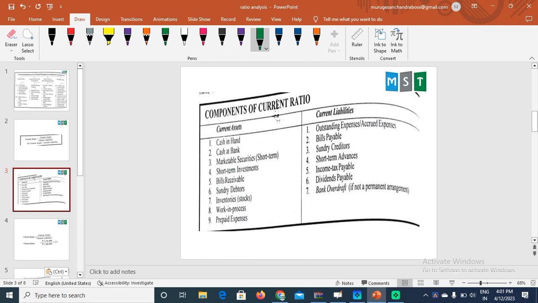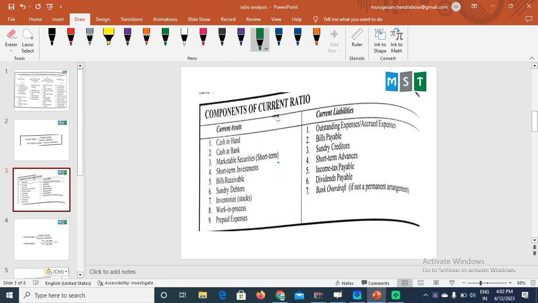Then marketable securities, which can be sold within a year. Here also the manipulation will come. They may have purchased some stocks at 1000 rupees, and the present market price may be 200 rupees. If they show it at the purchase price, it will be a manipulation. Then bills receivable. What is bills receivable?